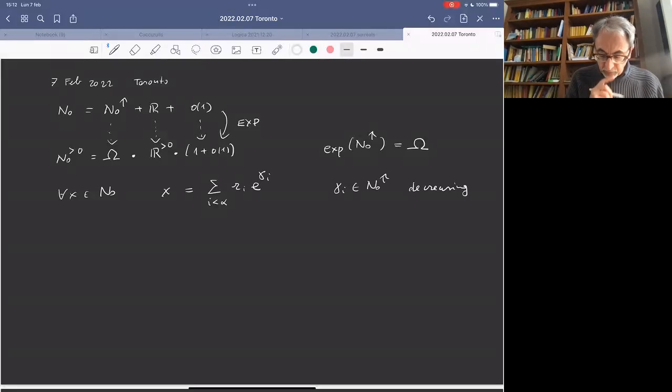So then, since we have this normal form, let me just say that I am assuming in this, when I write x in this form, that r_i is different from 0 also.